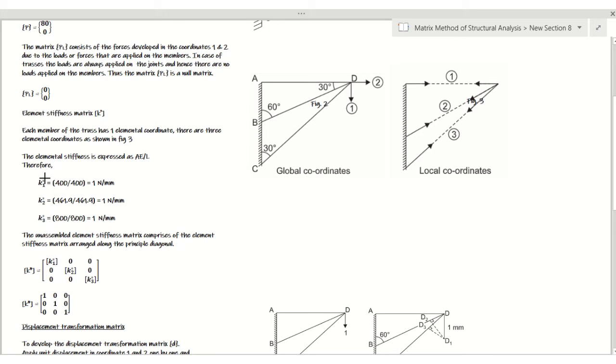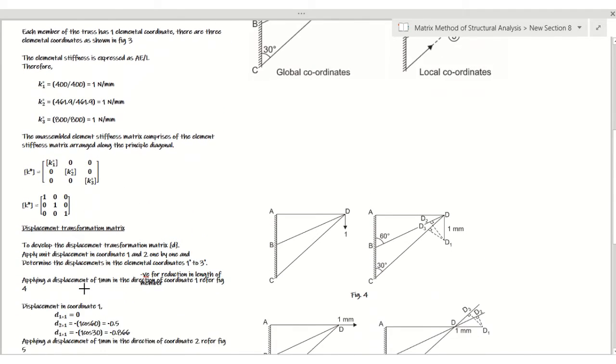So all these elemental stiffness matrices will be arranged along the principal diagonal of this unassembled global stiffness matrix. Rest other elements will be zeros. So if I put them over here, it will be a diagonal matrix 1 1 1, like what is shown over here.